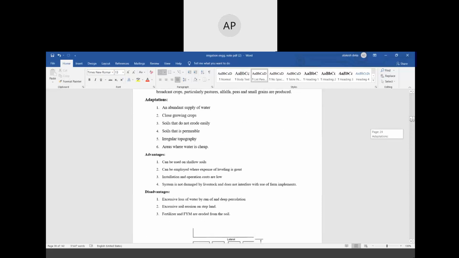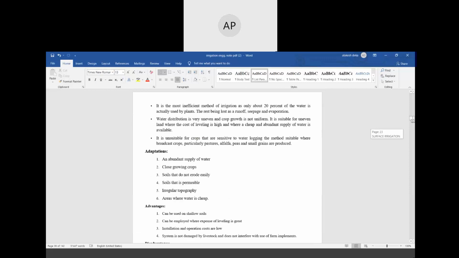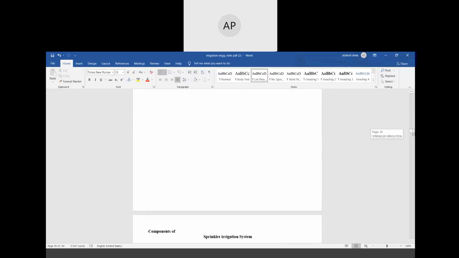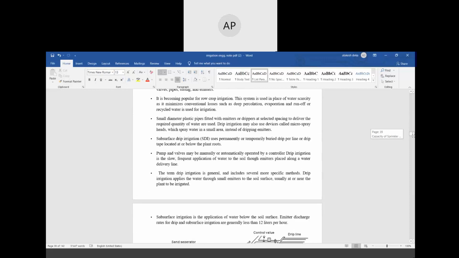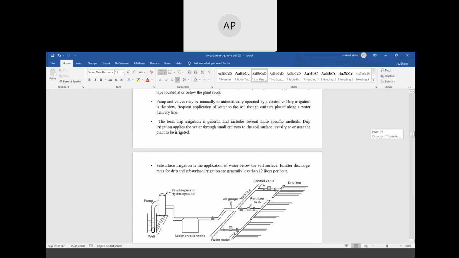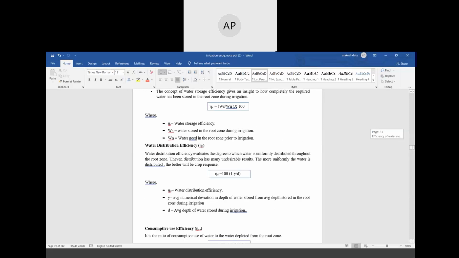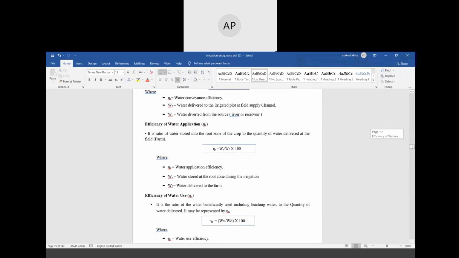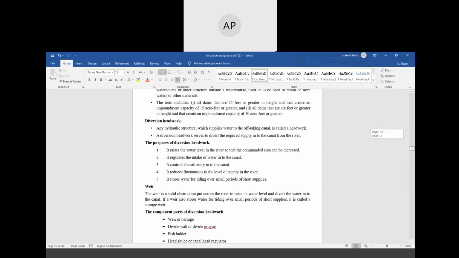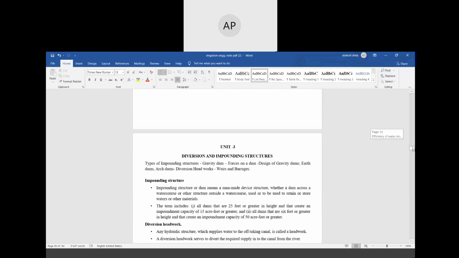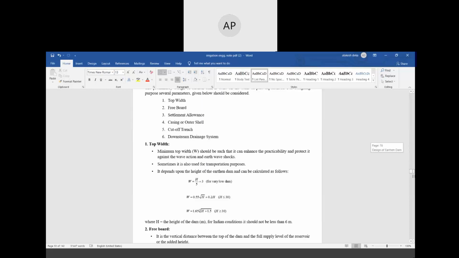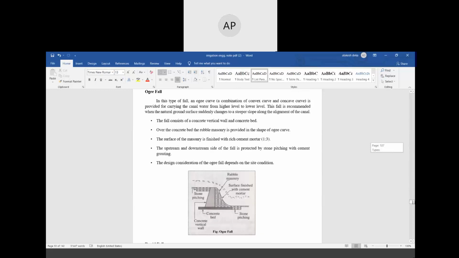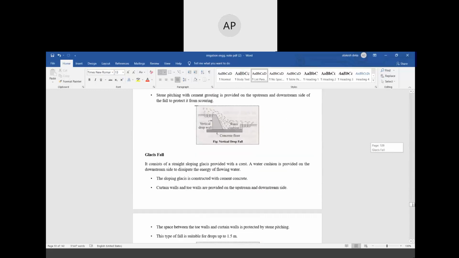Furrow methods, drip method, these are included or not? Not included. Up to sprinkler system, I think we have given. So next, your syllabus is from unit 3, diversion and impounding structures, up to inlet and outlet. This is your syllabus.